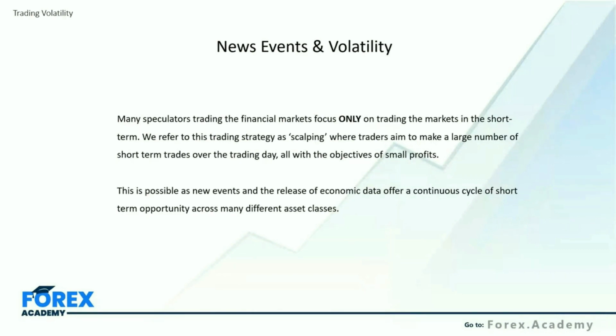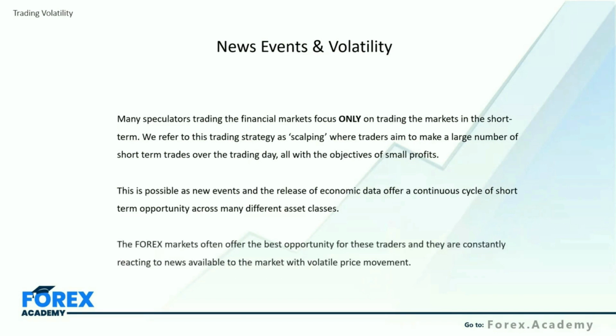So it is indicative to actually know your research, know and understand what news events affect which asset classes and which are going to be more volatile in reflection to those news events.